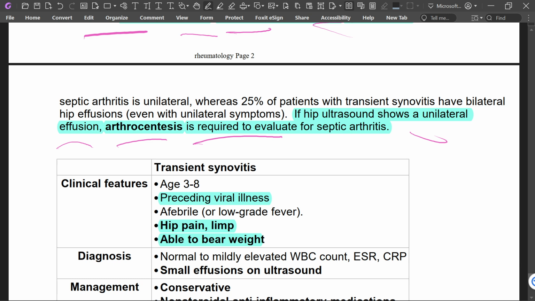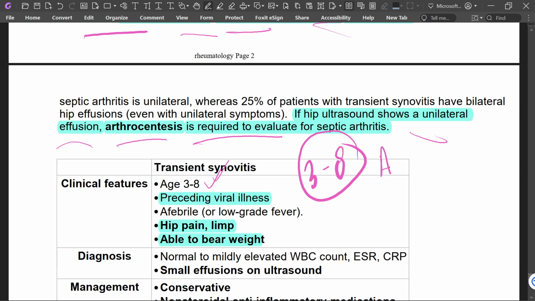So, transient synovitis: age 3 to 8 with a preceding viral infection.